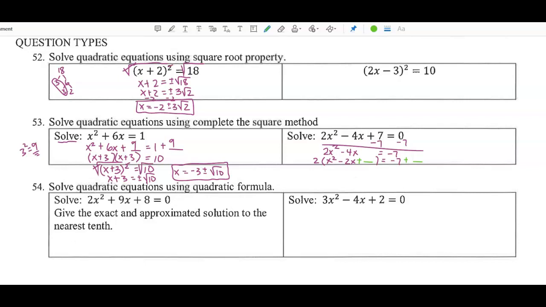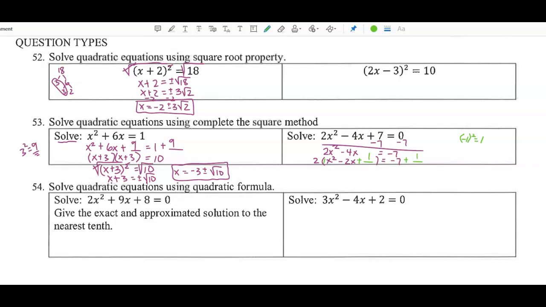The leading coefficient here is 1, and once you do that, now you can fill in the blanks. So half of that middle term is -1, and -1 all squared is just 1. So I'll put 1 in both of my blanks.